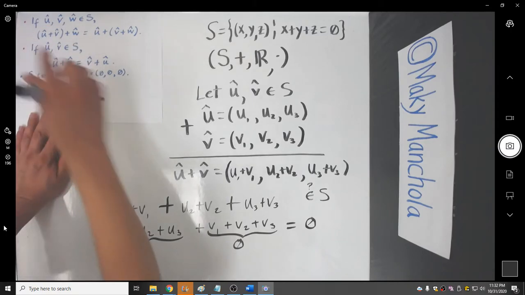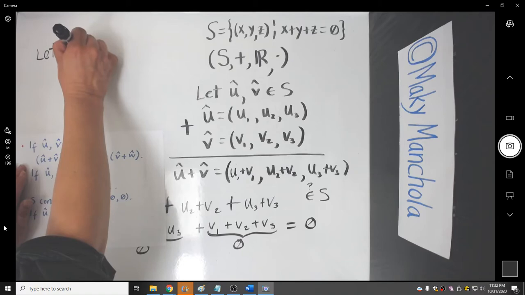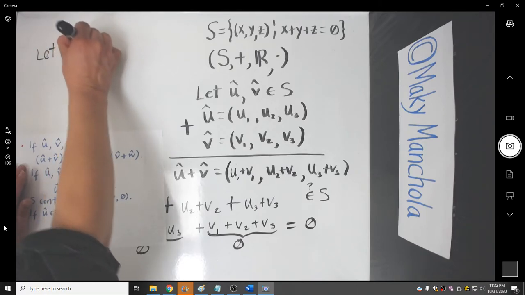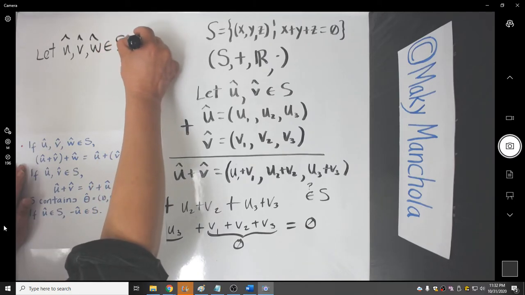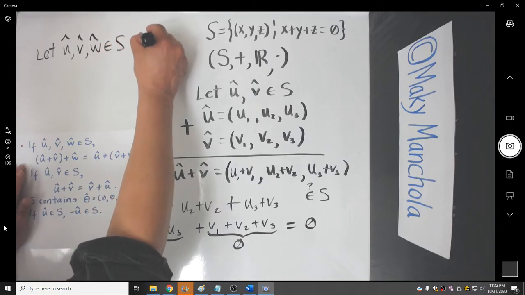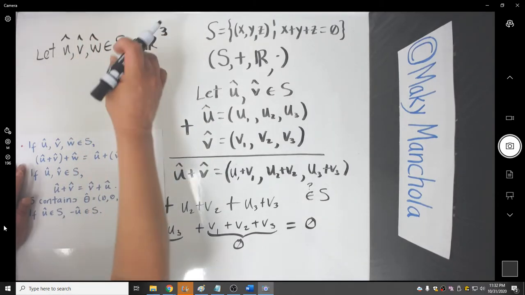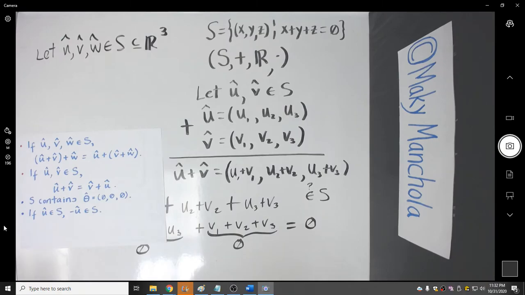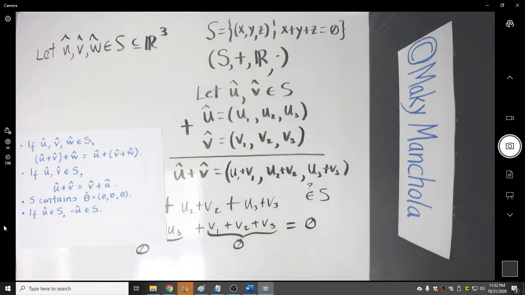So let U, V, W belong to S. Since S is a subset of R3, then we conclude that U, V, W are elements of R3. So then it follows, since R3 is a vector space, that those elements obey the associative property under addition.